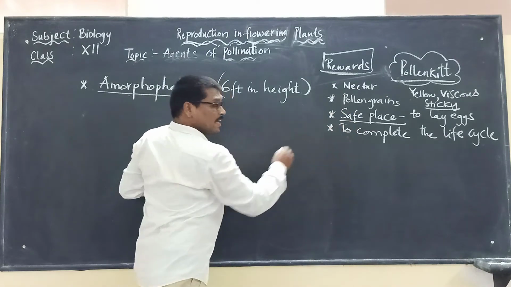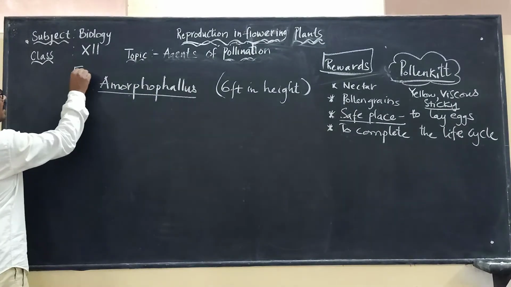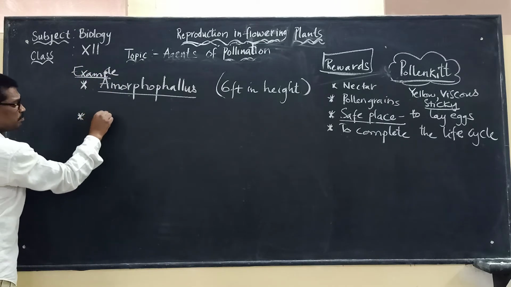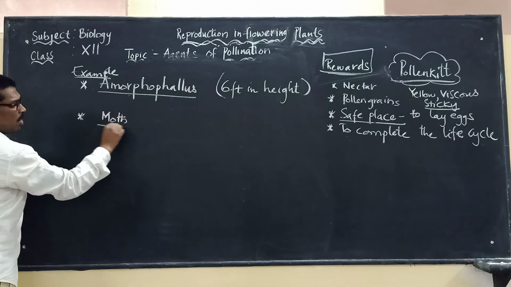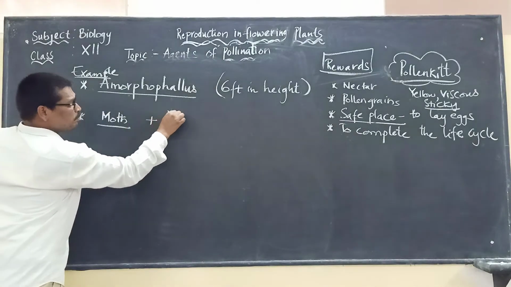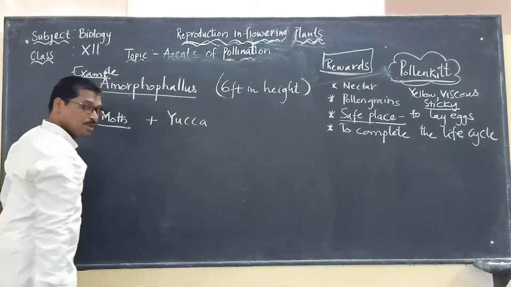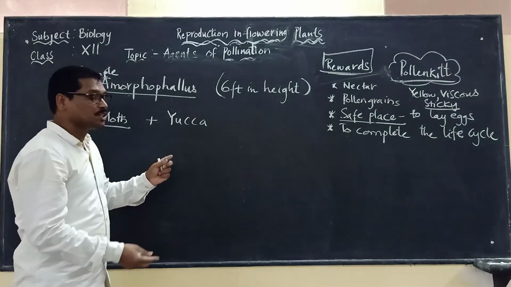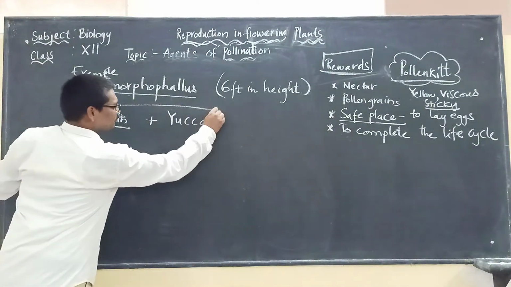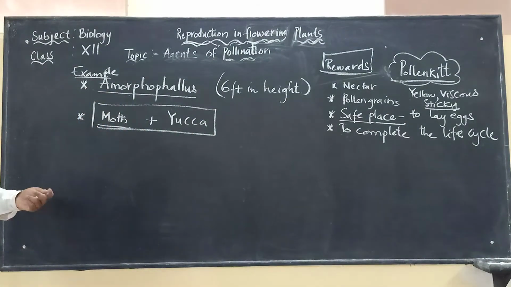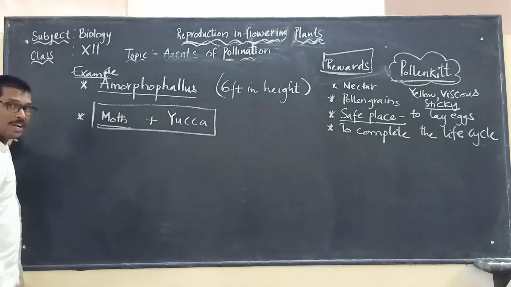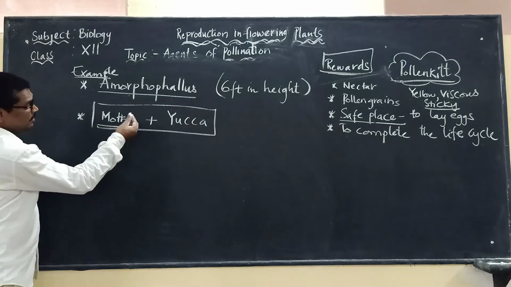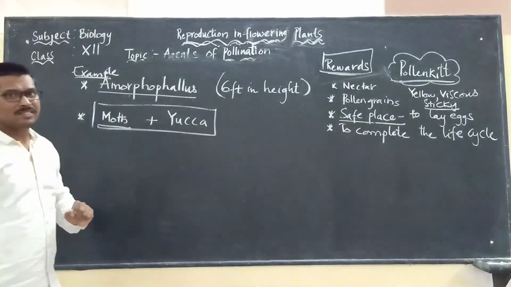And if you are seeing another example, the second example is the moth, an insect, and another plant called the yucca plant. These two cannot complete their life cycles without being together. It means if the moth is not visiting the yucca plant, it cannot complete its life cycle. Here, please remember one thing.